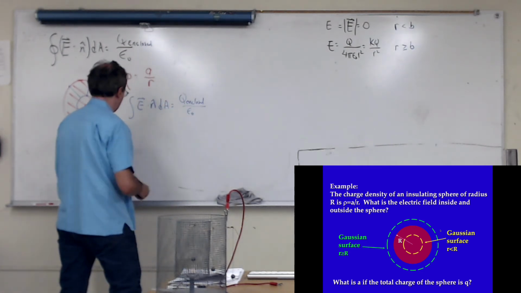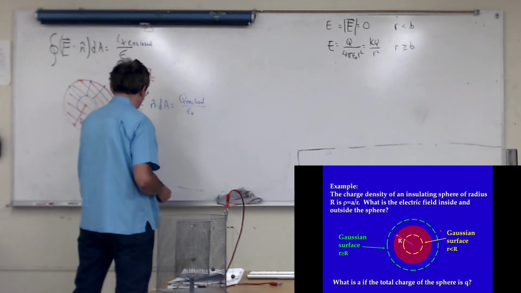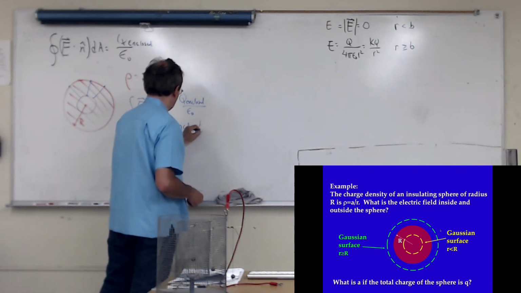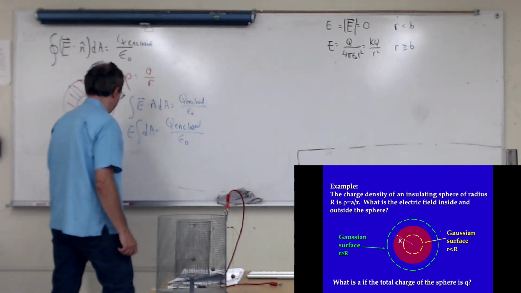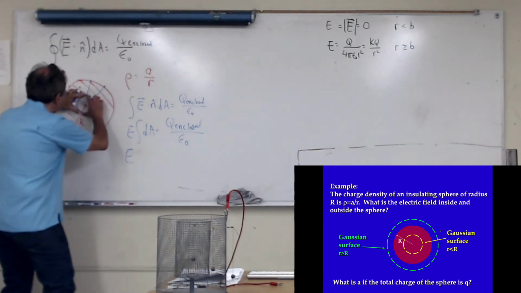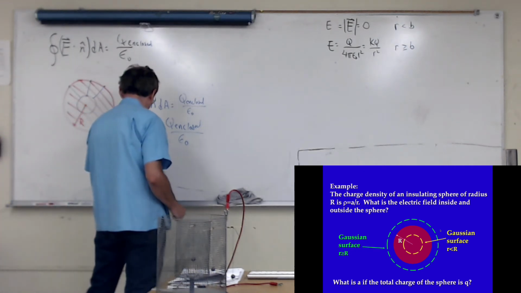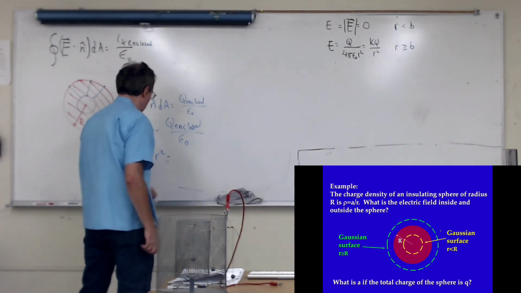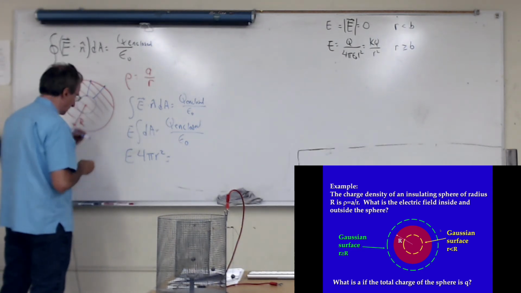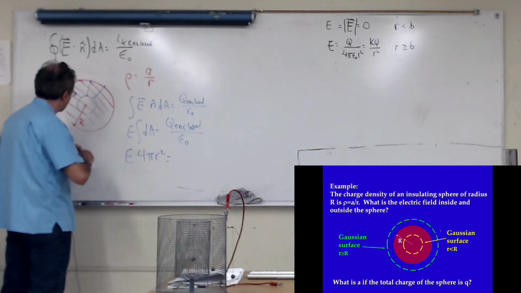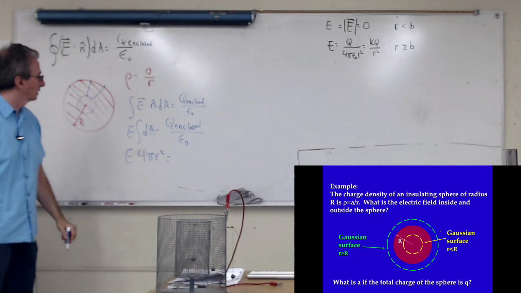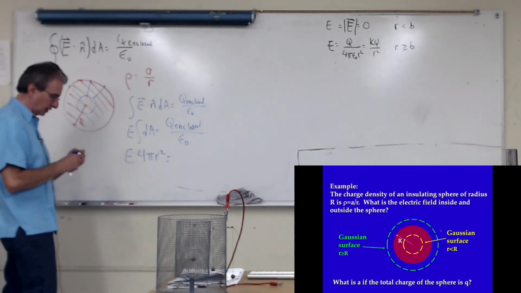We'll figure this out later. So this is going to be E times the surface area of this little purple sphere. Now I got to figure out how much stuff is inside here. How much charge is enclosed inside this Gaussian surface. Well, this is not a uniform charge density, so I have to do the following.